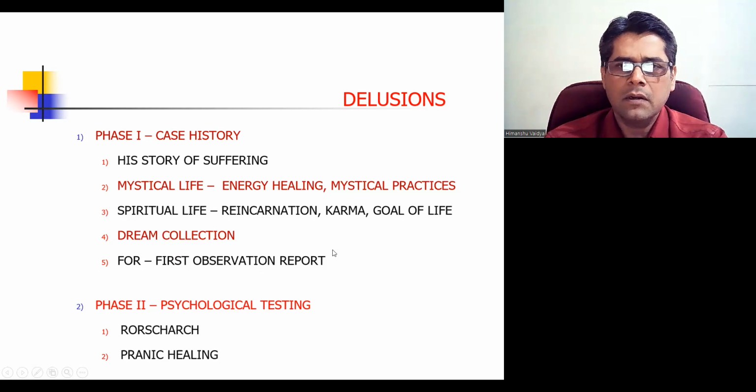How does he appear? And what feelings and thoughts and visuals come to you in his presence? Your response is very important. So this will be the case history of the monk.